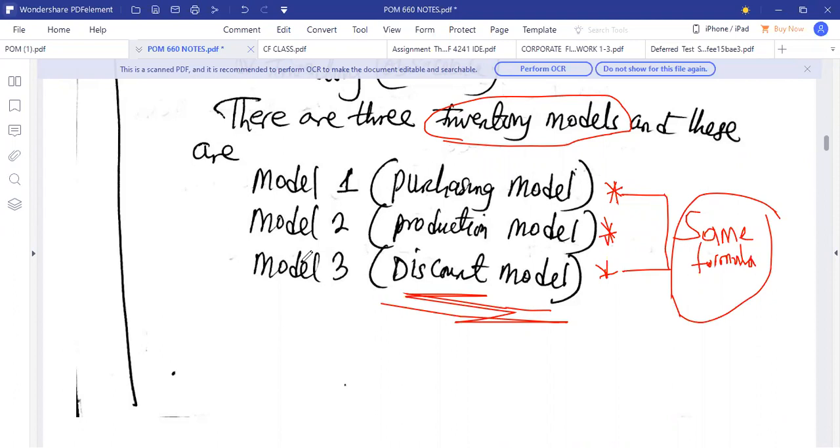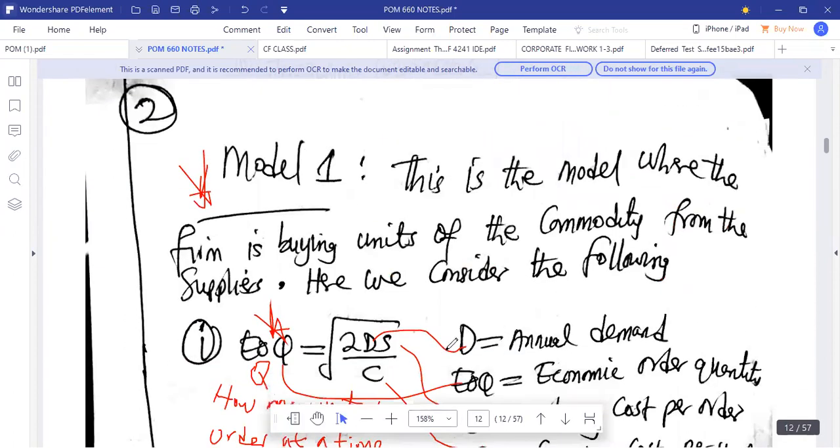For example, if you take one course, they will charge you 1,500. If you take two courses, they will say, pay me 1,000 per course. The more you order, the more the discount. So model 3 has a range of order quantities.